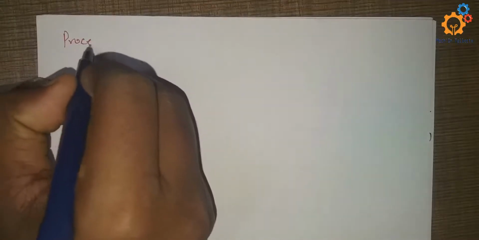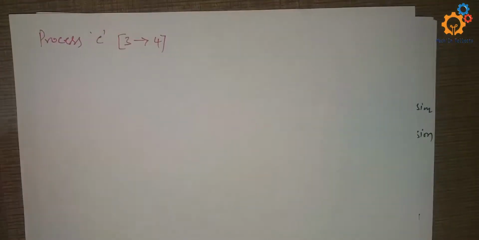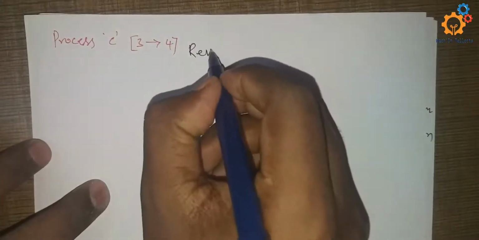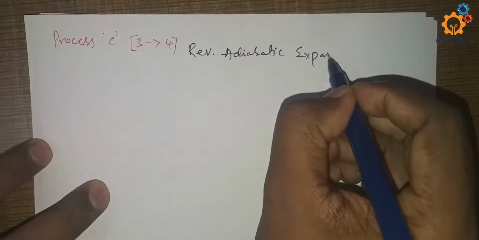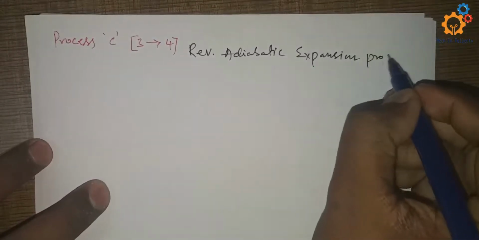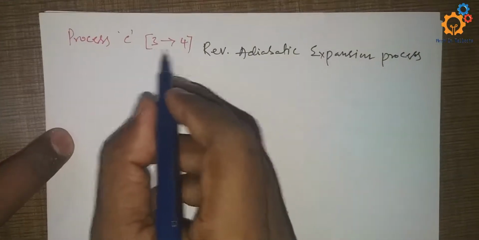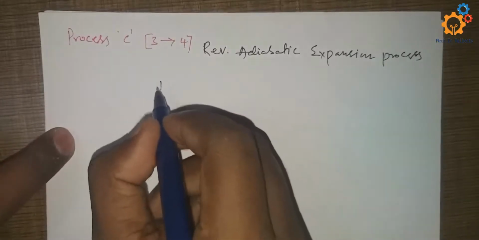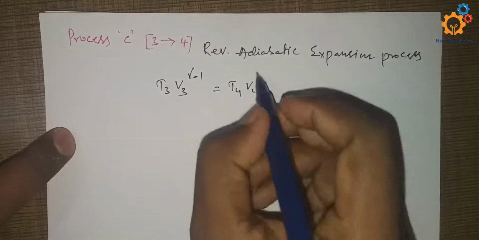Alright, so we will apply the same adiabatic relation again in process C, that is 3 to 4, a reversible adiabatic expansion process. Okay, so if we apply the adiabatic relation for process 3 to 4, T3 V3 power gamma minus 1 is equal to T4 V4 power gamma minus 1.